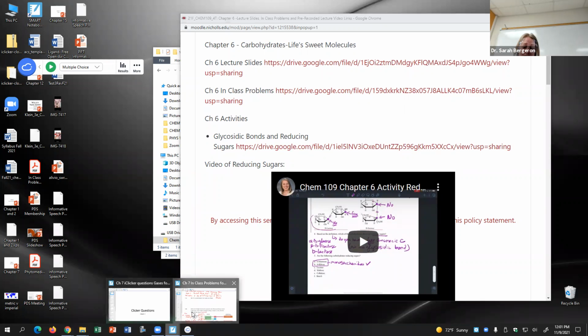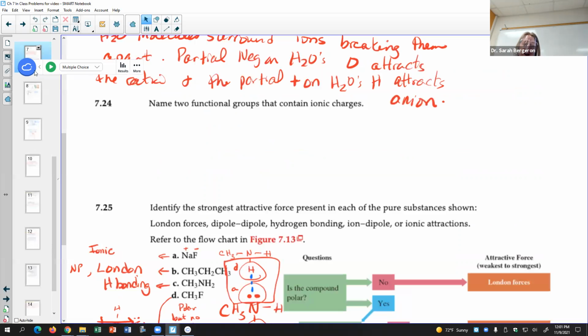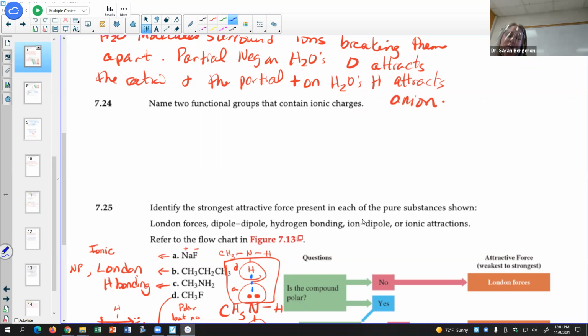Okay, so chapter 7. This is kind of where we left off, right? We're talking about hydrogen bonds, all the different kinds of intermolecular forces that occur between molecules. One of the intermolecular forces occurs in molecules that have charges.